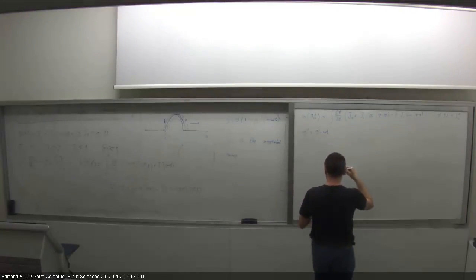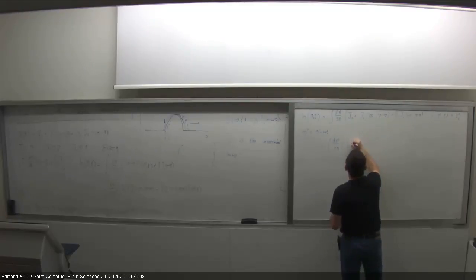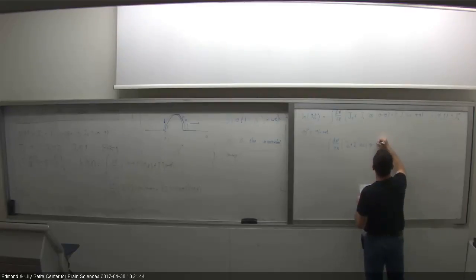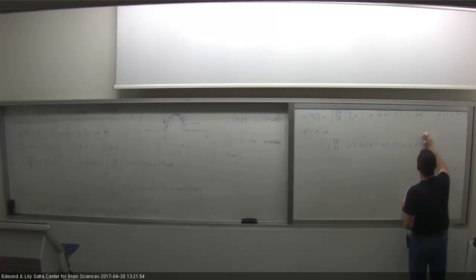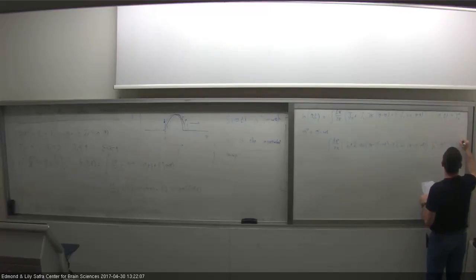So this would be equal to the integral d theta double prime over 2 pi of j0 plus j1 cosine of theta minus theta double prime minus wt, plus epsilon j1 sine of theta minus theta double prime minus wt, times s theta double prime, plus this external input.